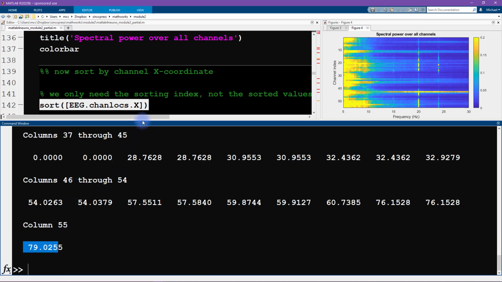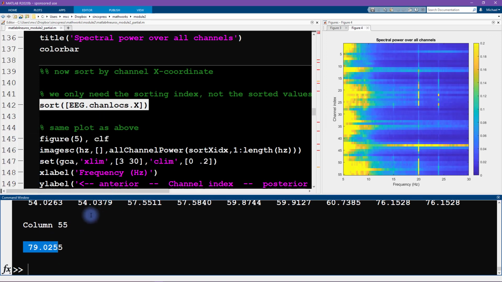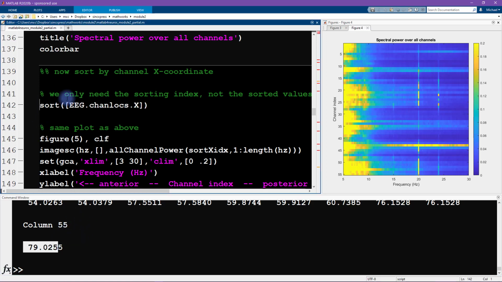Now we don't actually care about the actual sorted values. What we care about is the indices that tell us which channels go in which order. That is actually given to us by the second output. So I'm going to use a tilde here to suppress the first output, and I will write sortXidx equals.